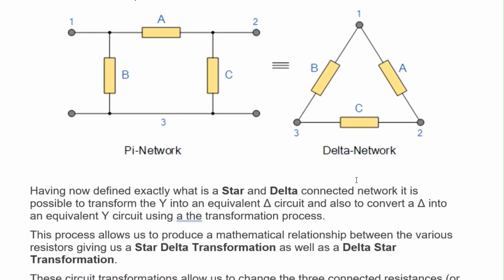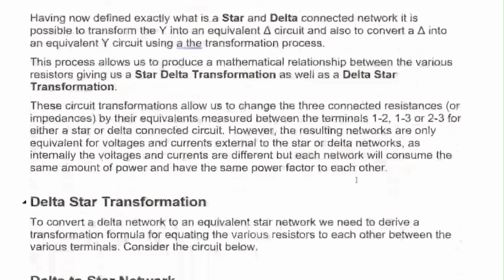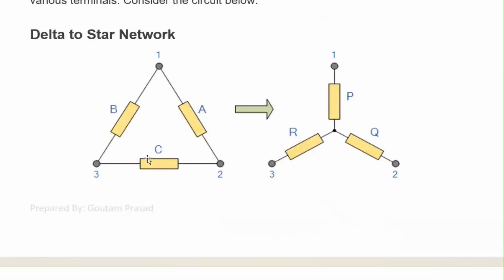Now, thinking that we have a star connected network or delta connected network and we want to change it to the other, like here, there are three terminals, 1, 2, and 3, and A, B, and C are the impedances connected in delta fashion, and we want to change it to a star connection between 1, 2, and 3.